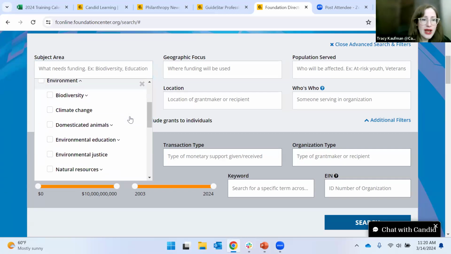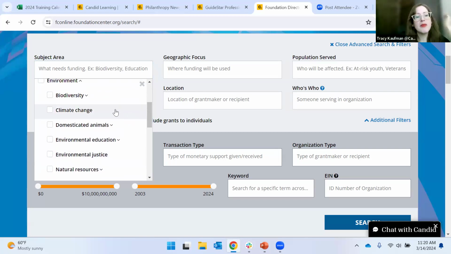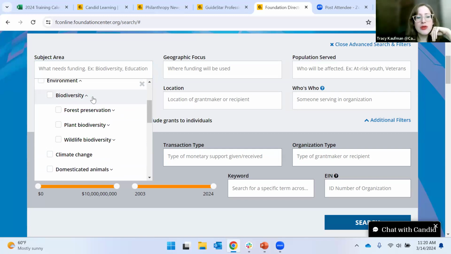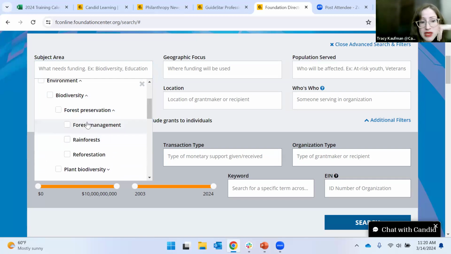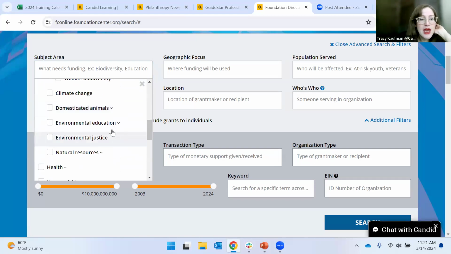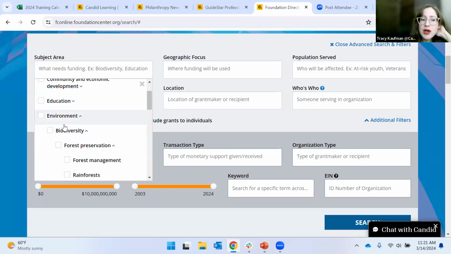And you can figure out, okay, are there other things here that apply to what I do? Maybe it's something related to biodiversity. And we want to look through, okay, are we working in forest preservation perhaps, or something even more specific than that? Or do we want to keep looking? Maybe we do something related to environmental education or something like that. Or maybe we just want to keep it broad.